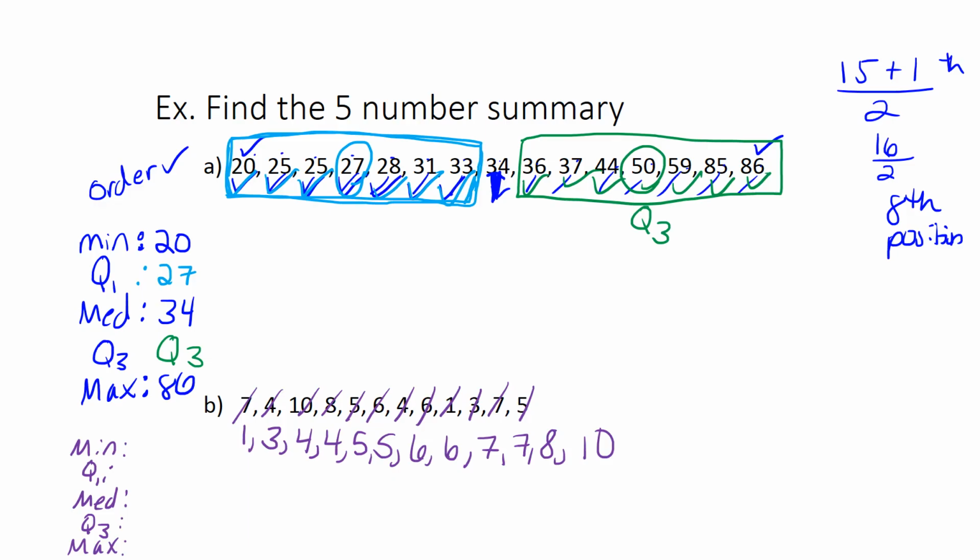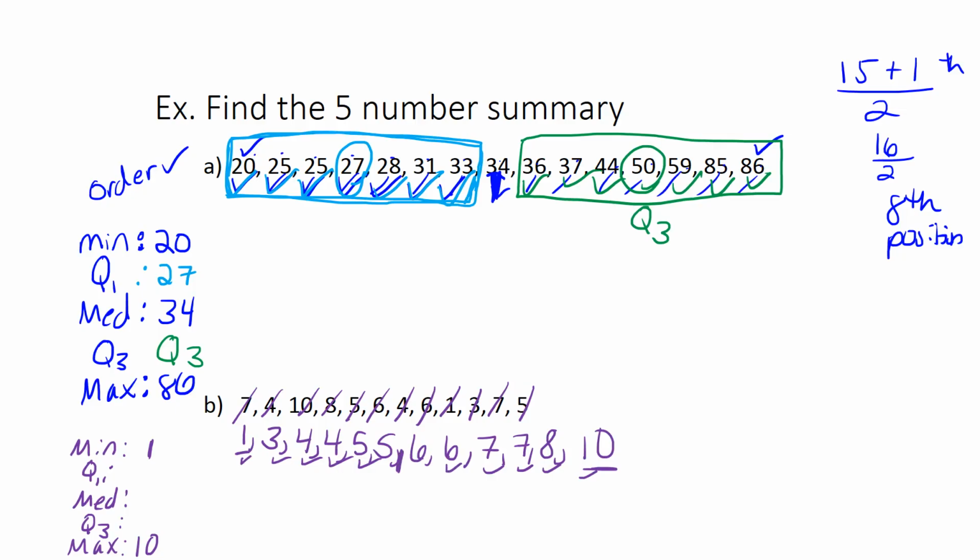So the min and max, again, are easy to pick off, the 1 and the 10. The median, again, you can use (n+1)/2, or you can just do smallest, largest, smallest, largest, and so on.